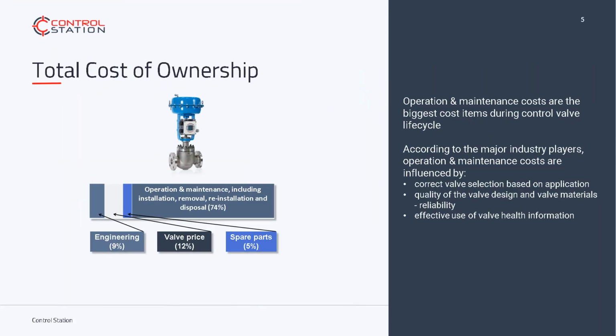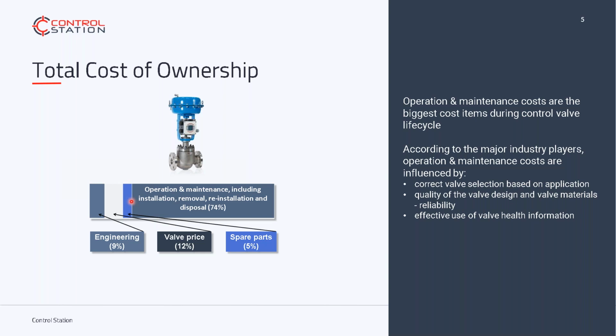Thanks, Michelle. When you think about control valves, you have a picture here in front of you that details the total cost of ownership. You can see from the diagram that engineering, valve price, and spare parts typically make up only a quarter of the total cost of ownership of a control valve.